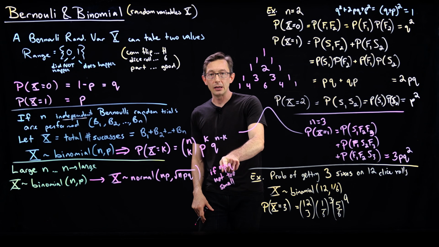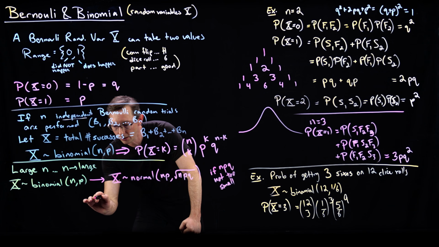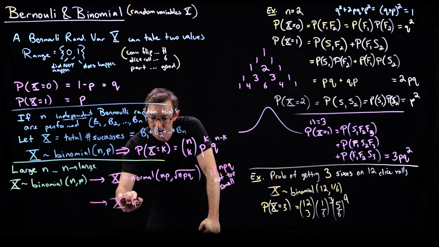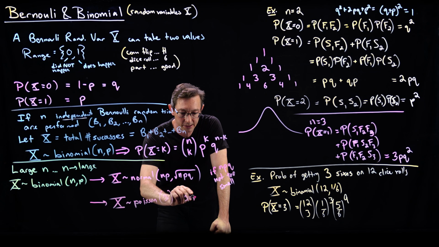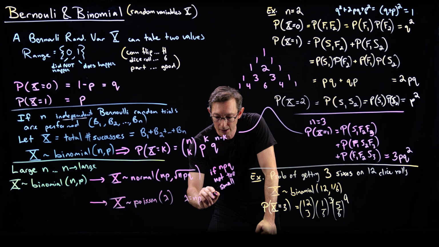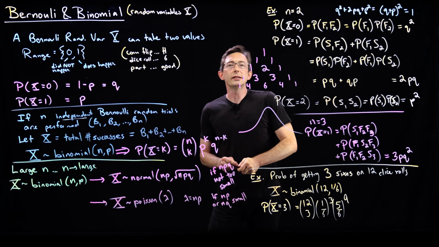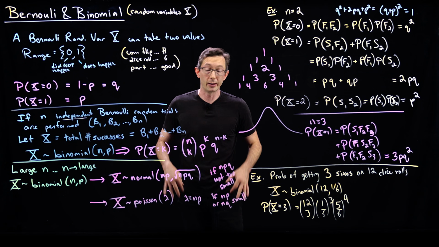If n times p or n times q is small, then this would limit to a Poisson distribution. Then x would become a Poisson random variable with parameter lambda, where lambda equals n times p, if np or nq is small.